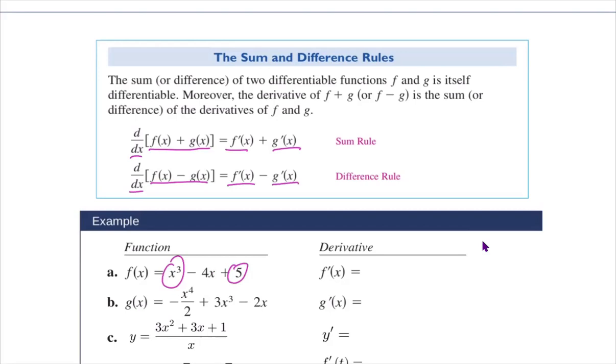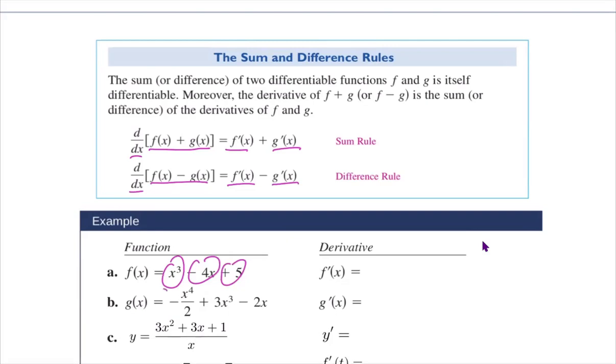For the second one here, I would use both the power rule and the constant multiple rule. And then for the last one, I would use the constant rule.